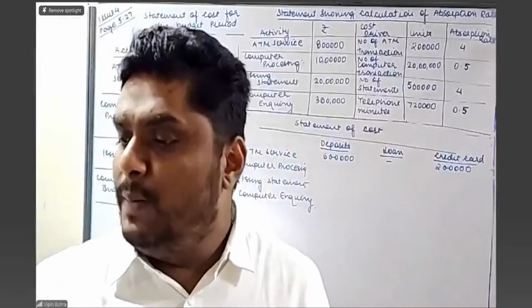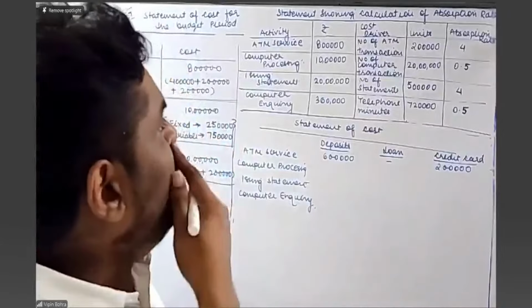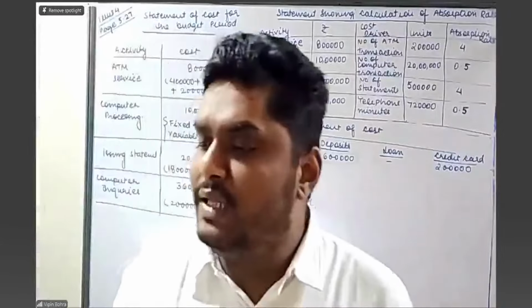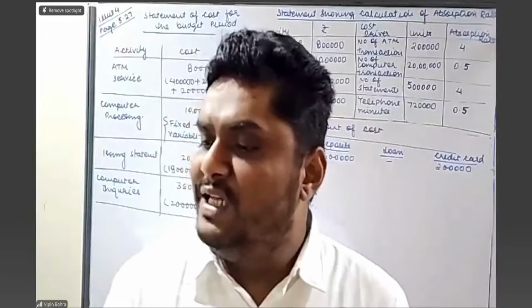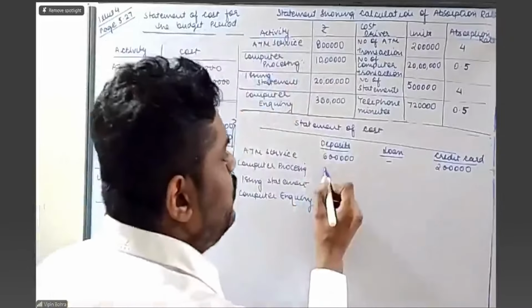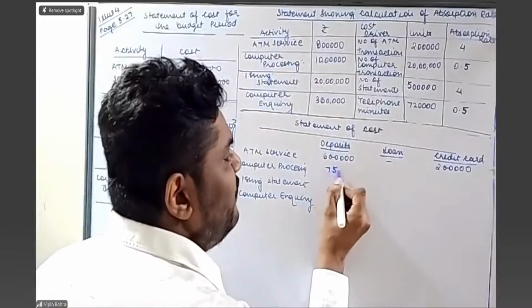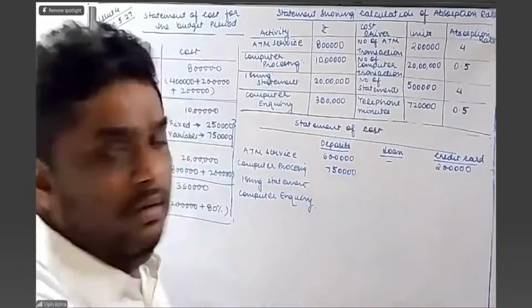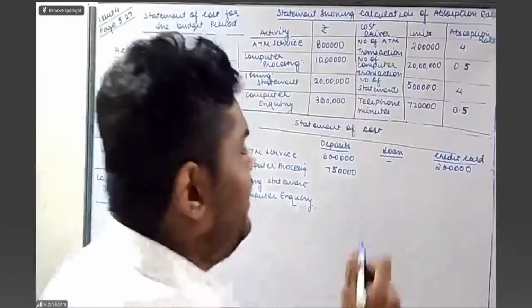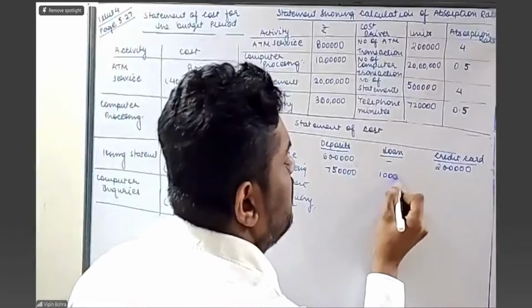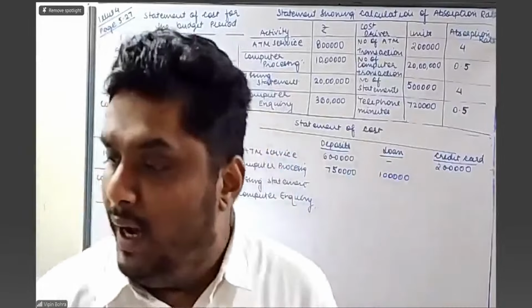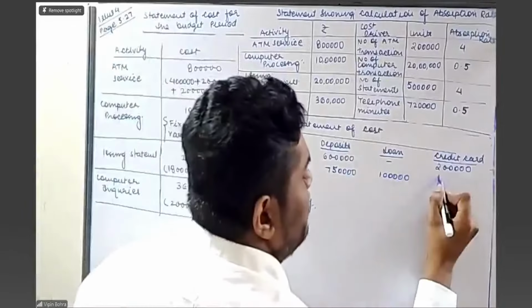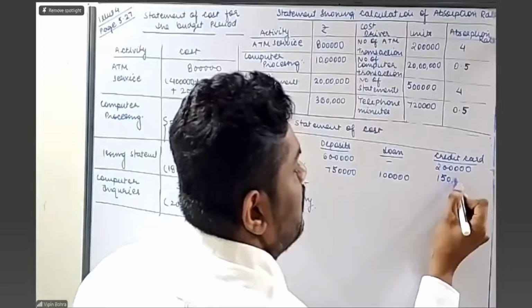Similarly, for computer processing also, it is 0.5 for every computer transaction. So for deposit, it is 15 lakh. So 15 lakh into 0.5, this will be 7 lakh 50,000. 2 lakh into 0.5, this will be 1 lakh. And 3 lakh into 0.5, this will be 1 lakh 50,000.